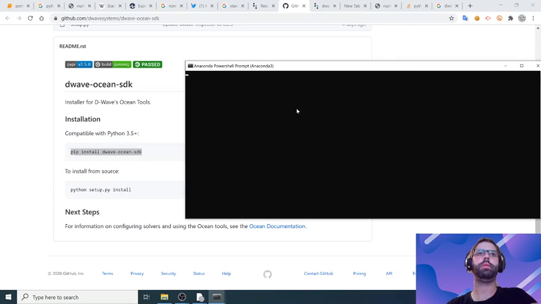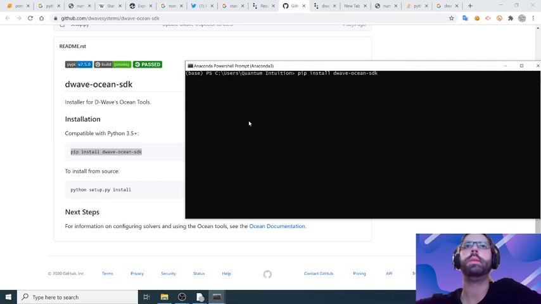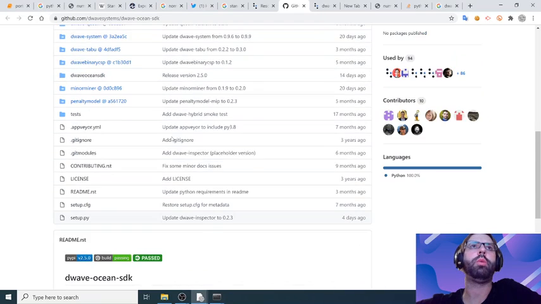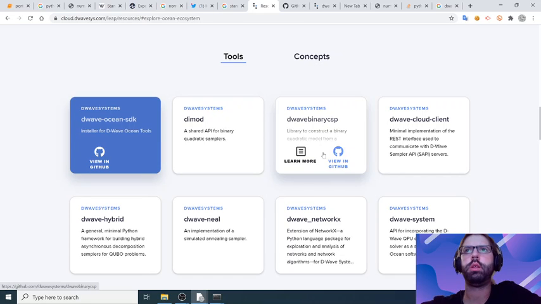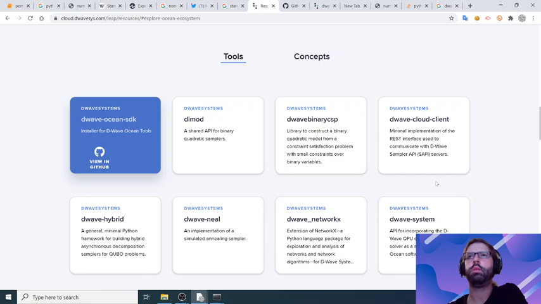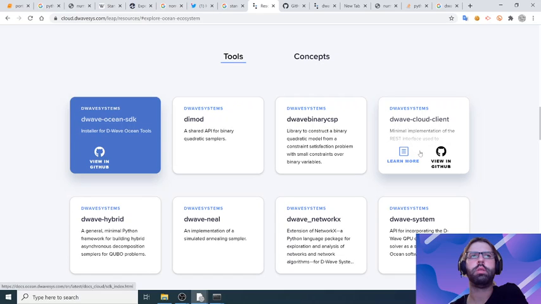I want pip install D-Wave SDK. How do I? Okay, so pip install dwave-ocean-sdk. Hopefully this will be compatible. And how do I then use that, right? Software stack, learn more.